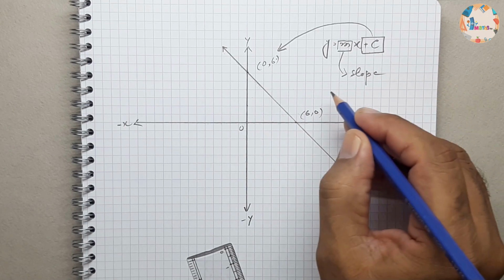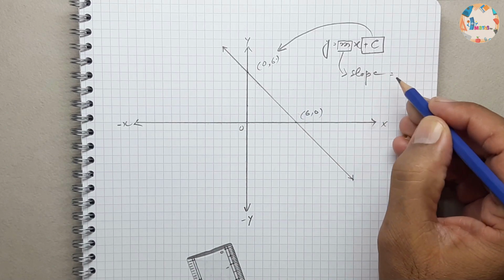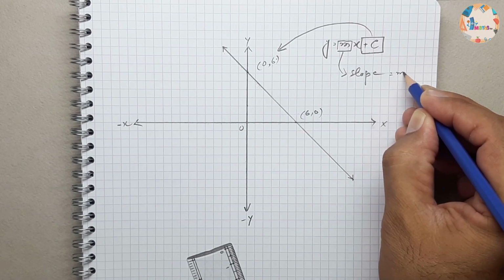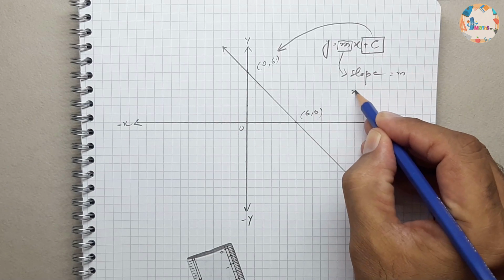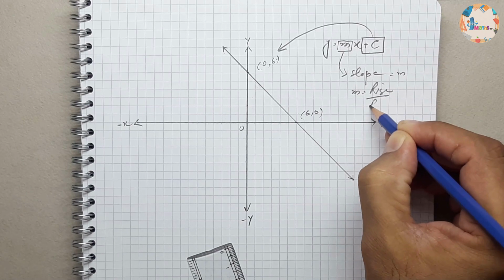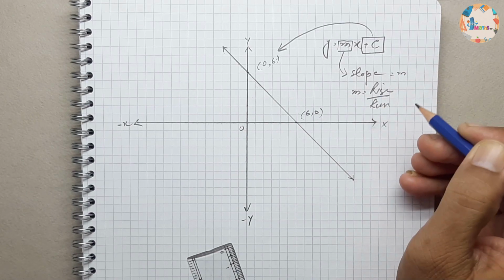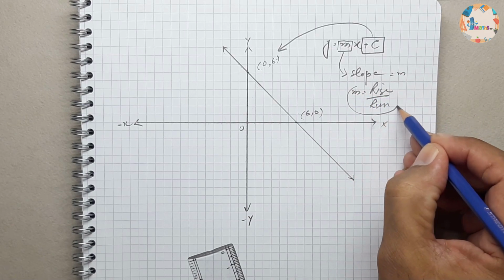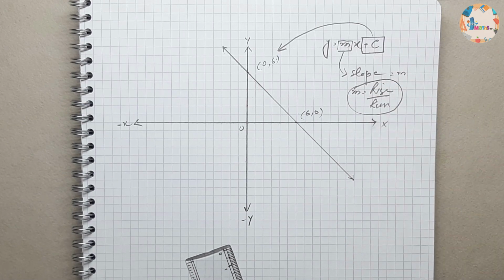Slope or gradient means steepness, and we represent this with small m, and small m is equal to rise over run. These things you will have to keep in mind. m is equal to rise over run. These are the formulas which we will be using.